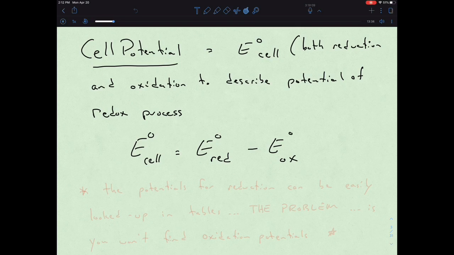This relies on a couple of things, and a hard thing to get past here is that the potentials for reduction can be easily looked up in tables.